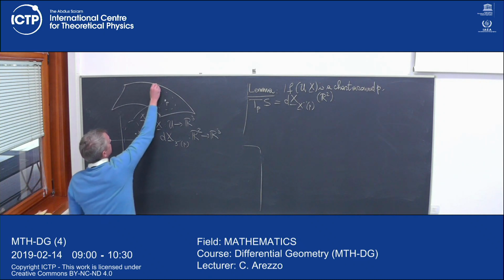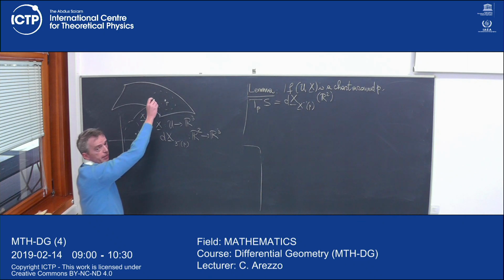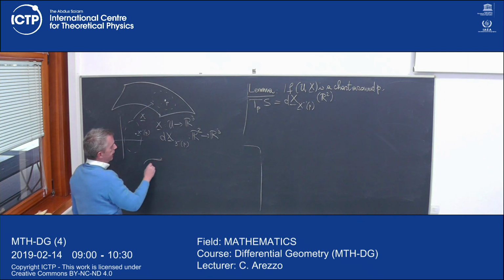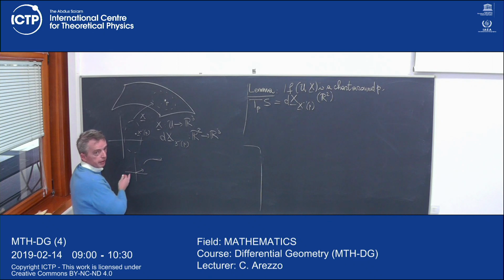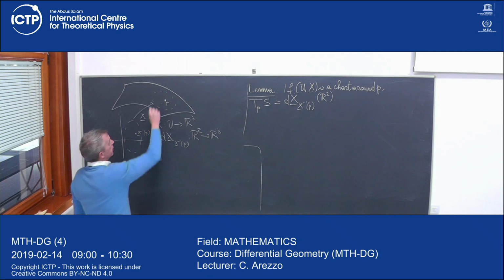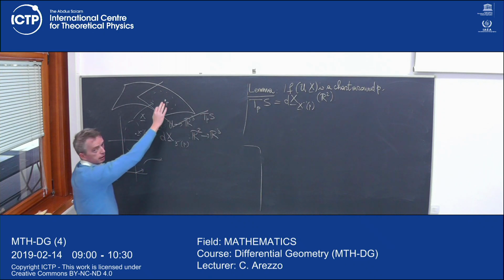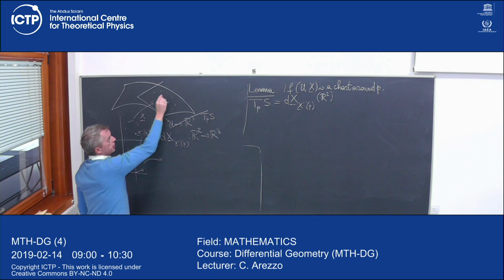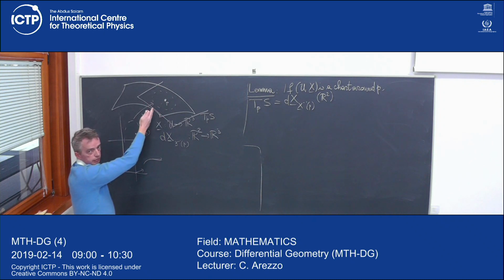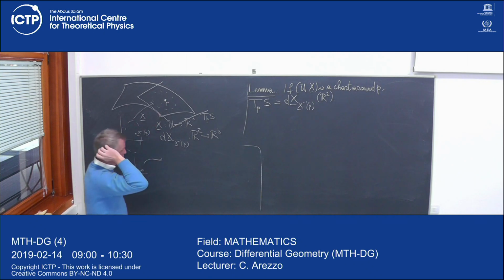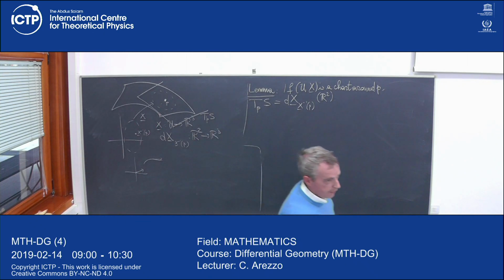As I did for curves, remember that we always drew the tangent vector here. Now, vectors should be drawn always there. But to keep in mind geometrically what's going on, we will always draw the tangent space to the surface with the origin at the base point. But of course, that's a mistake in some sense, because that would not be a vector subspace of R3 if P is not the origin.